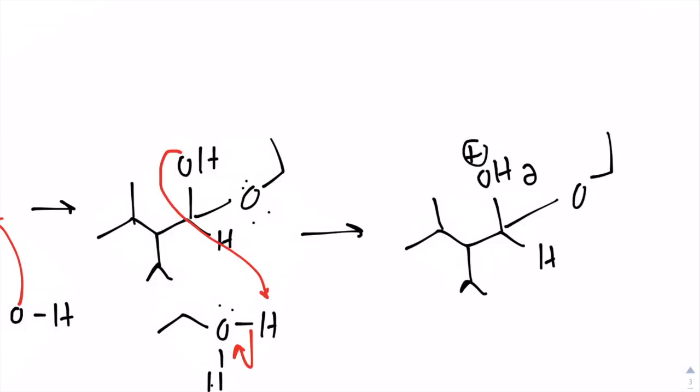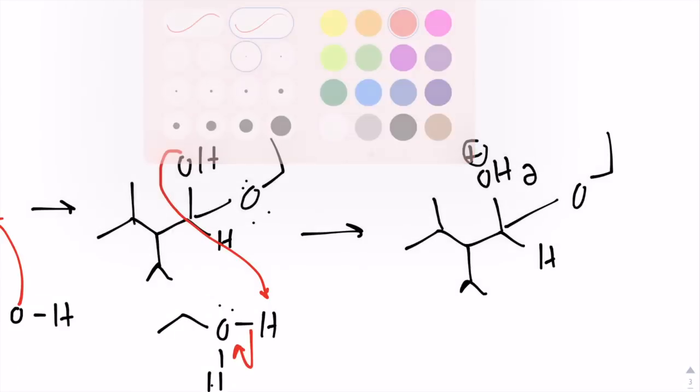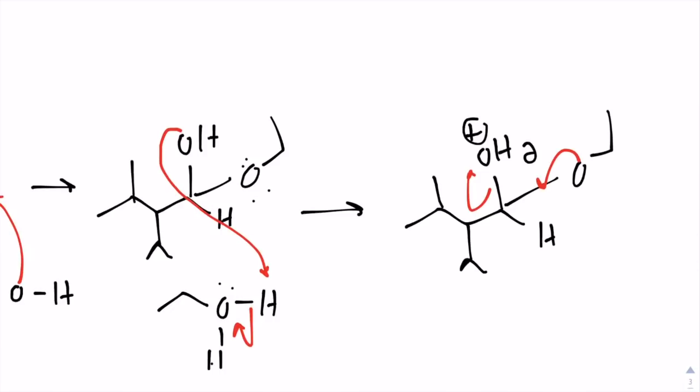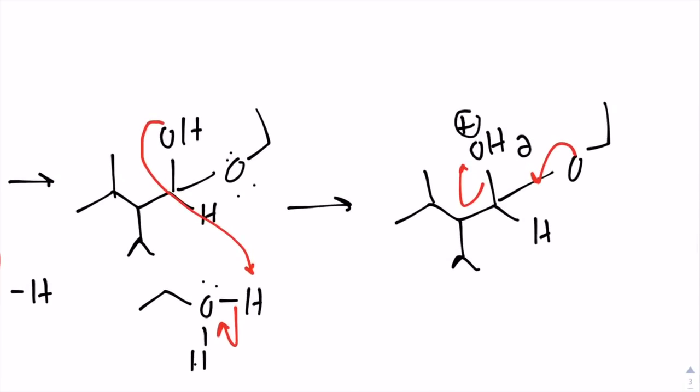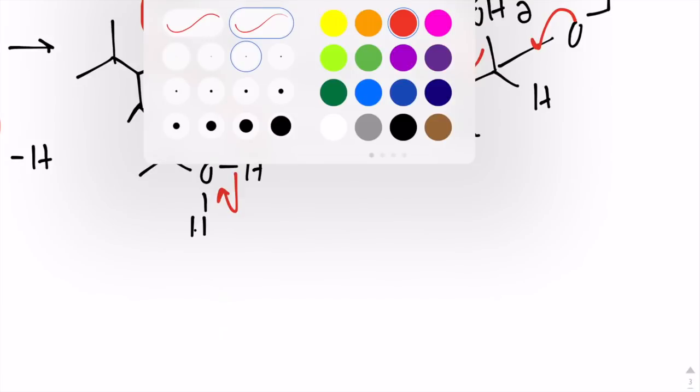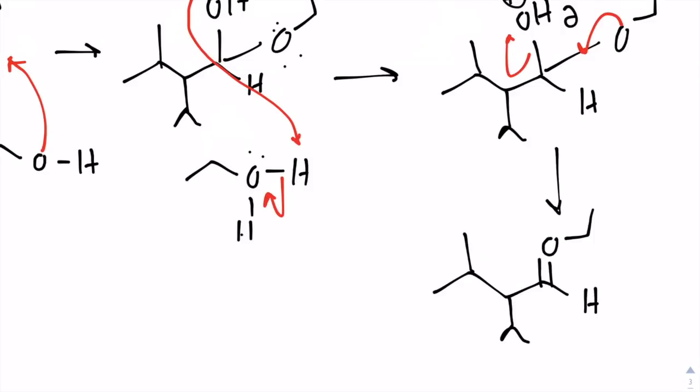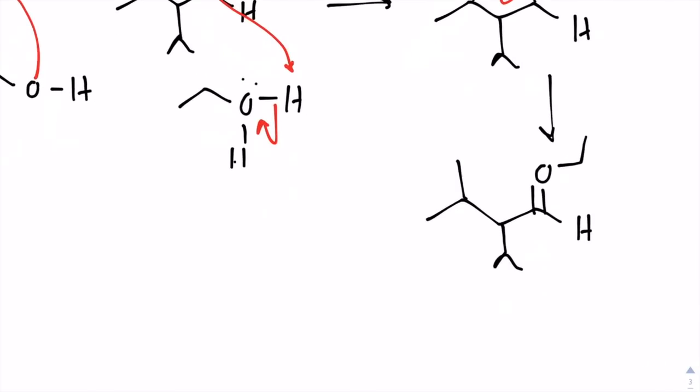Okay, so you have these lone pair electrons on that oxygen that can resonate down to kick that group off. So we can see that we are going to form, I'm running out of space over here, something that looks like this. Okay, so that is the first schematic of it. And then I can keep reacting by taking another equivalent of alcohol, and I can add that directly into my carbonyl.